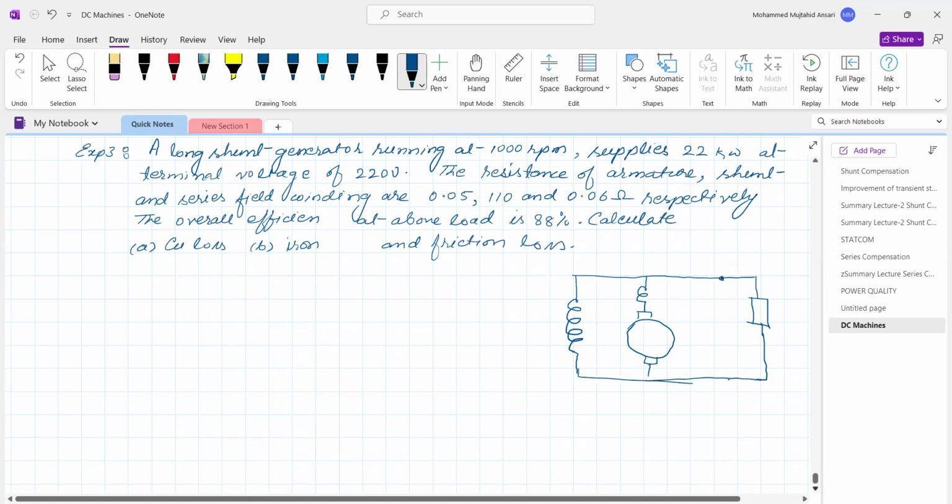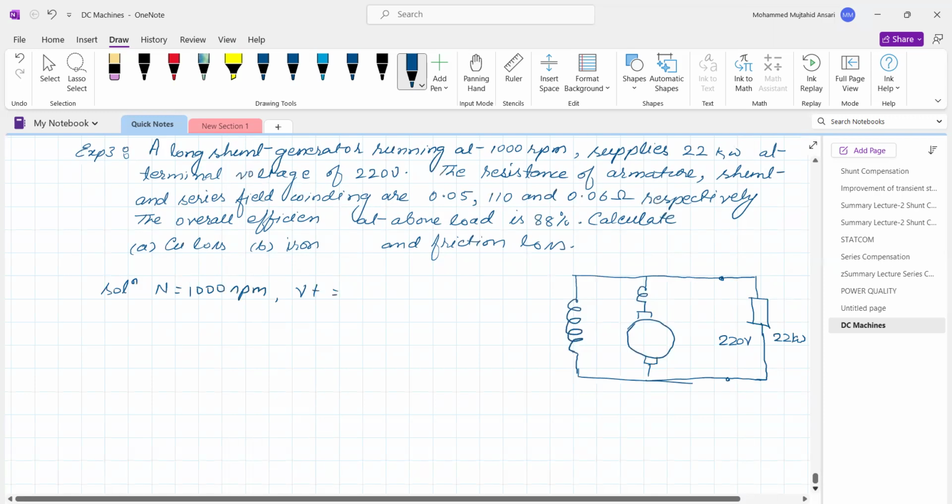So what are the points given? The voltage is 220 volt. Load is 22 kilowatt. It is running at N equal to 1000 RPM.